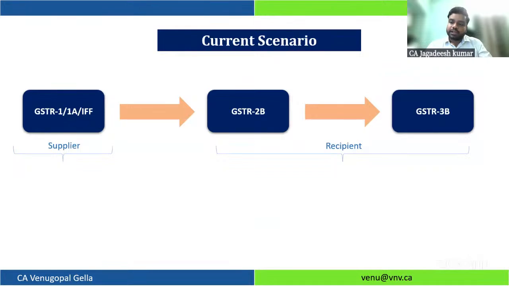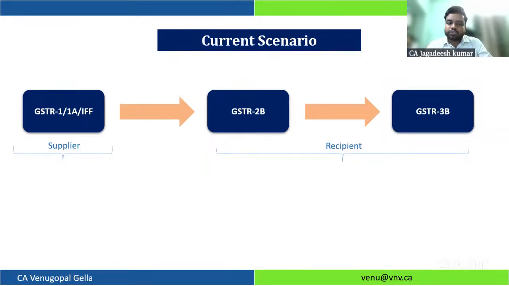Moving on to the next. Before understanding this IMS, first we will understand how the present system works to avail the ITC. As and when the GSTR-1 is filed by my supplier, on or before the 11th of the month, all those invoices will travel to my GSTR-2B of the same period.